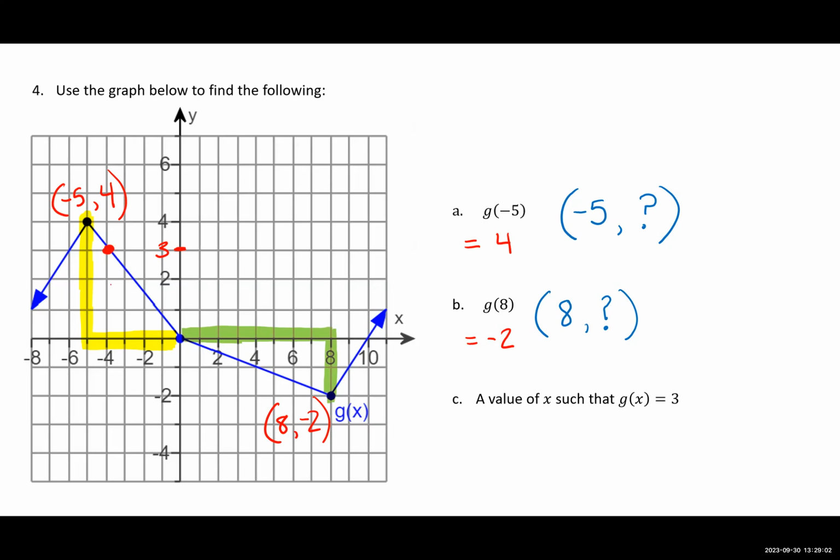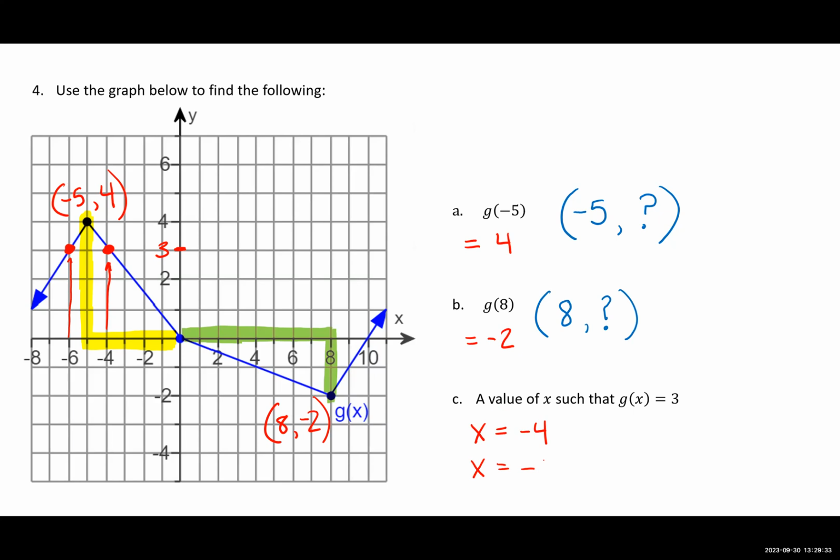And the x value of this point would be -4. So when x is equal to -4, the graph is up here at 3. And then there's also another point over here. When x is -6, the graph is up there at 3. So I don't say the value of x, I say a value of x. There's actually multiple.